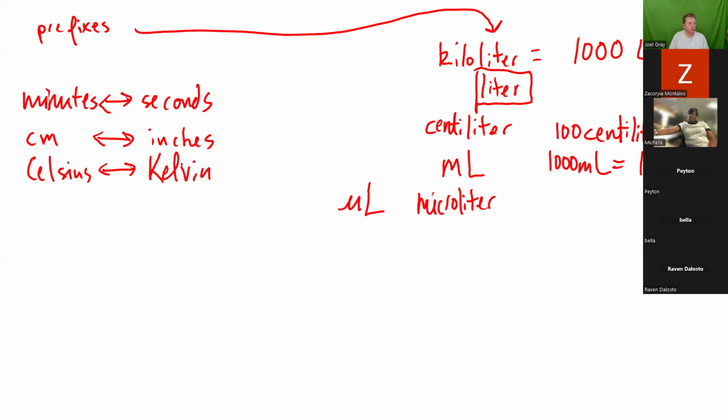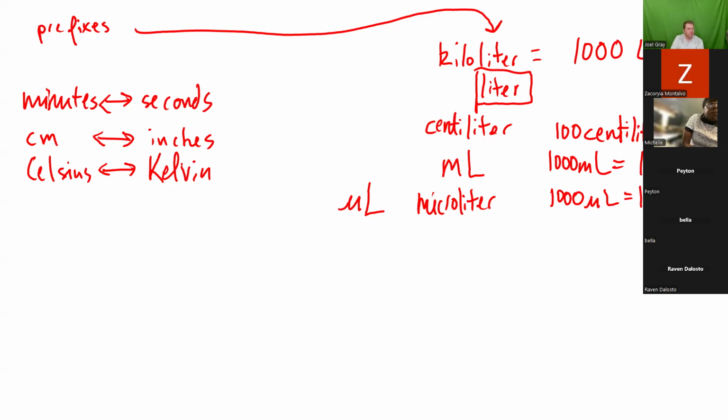It's called mu. 1,000 microliters is equal to 1 milliliter. Then you kind of have this stairway or stepwise connection. Well, there's 1,000 microliters in 1 milliliter, and there's 1,000 milliliters in 1 liter.